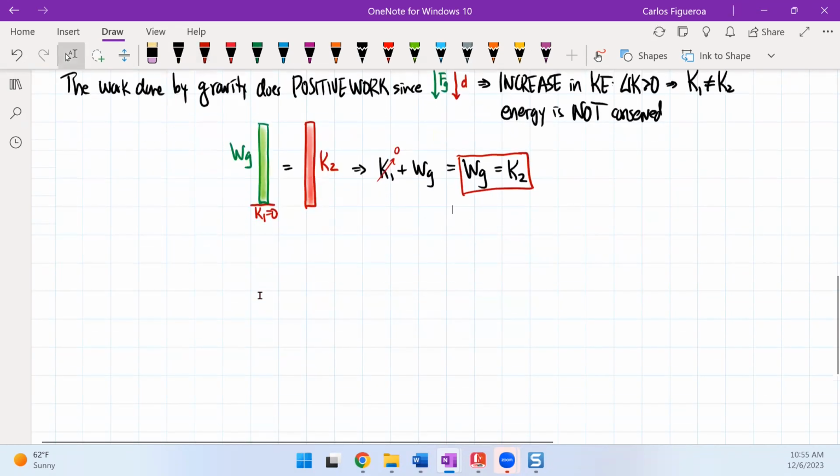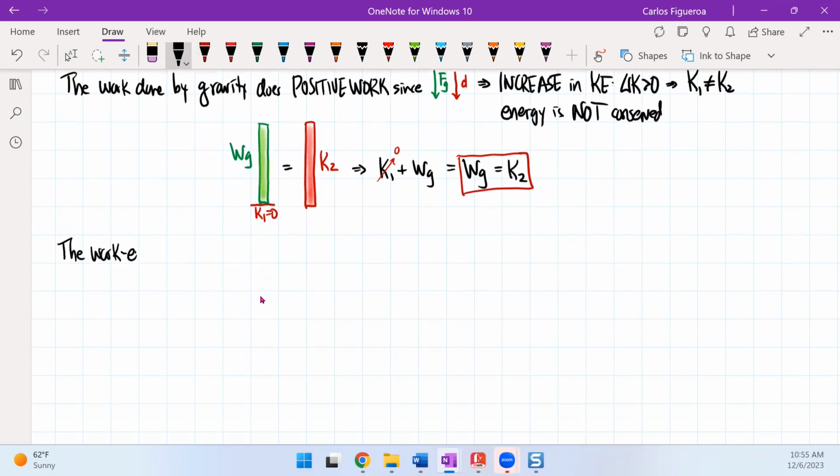So now I can put this all together. The work energy theorem shows that the work of gravity is equal to K2.